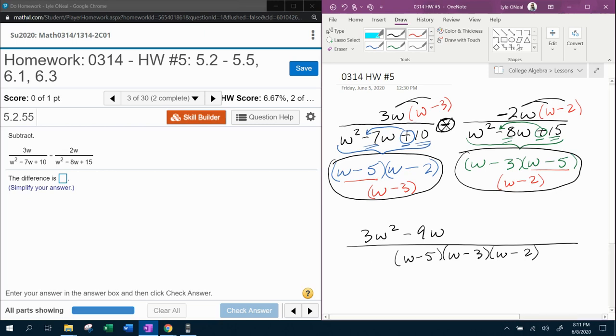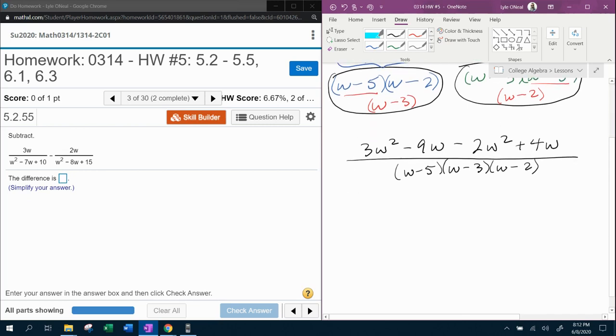So when there's a minus in the middle, when you're doing subtraction with fractions, that negative has to distribute to everybody in the numerator. Here we go. -2W times W is a minus 2W squared. -2 times -2, that makes a plus 4W.